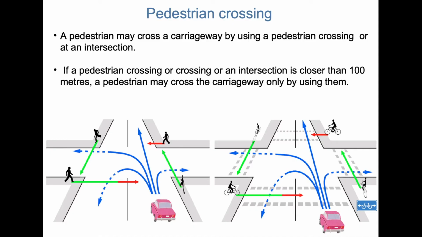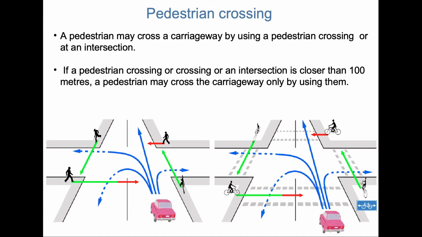So a pedestrian may cross a carriageway by using a pedestrian crossing or at an intersection. Sometimes, yeah. If a pedestrian doesn't have zebras or pedestrian crosswalks, he just can cross near the intersection or crossroad. Like you see in the picture, basically.